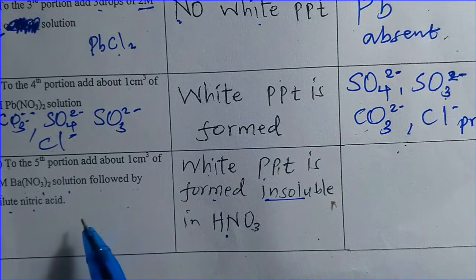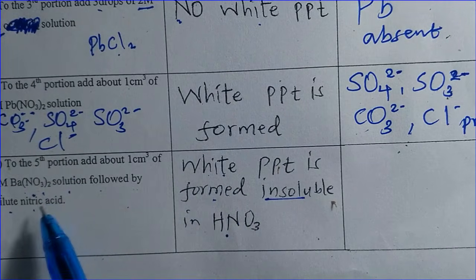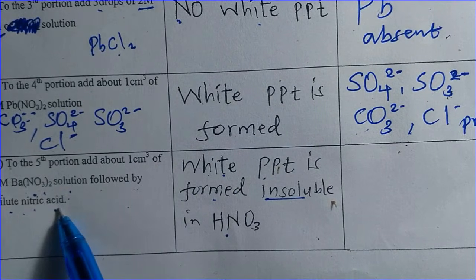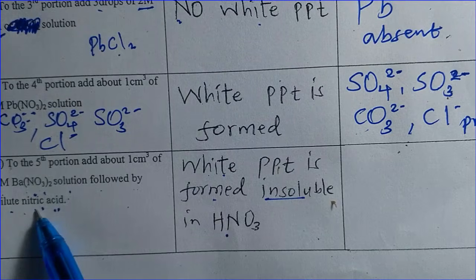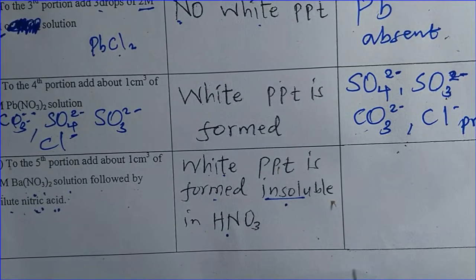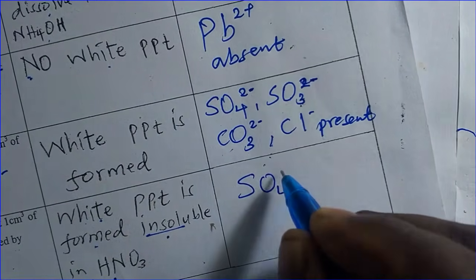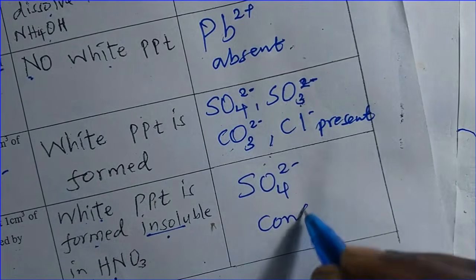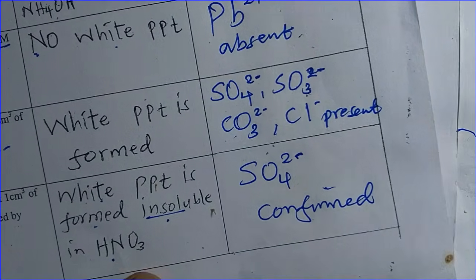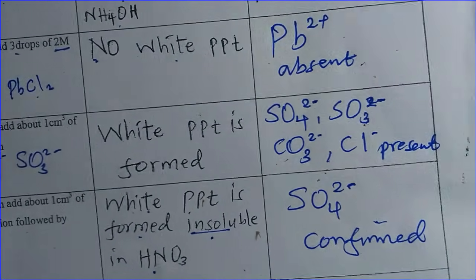But if you add barium and it forms a white precipitate, and when you add dilute nitric acid or HCl the white precipitate persists, it means what is there is the sulfate. So you say SO4 2 minus confirmed or present. That is what is there. Thank you.